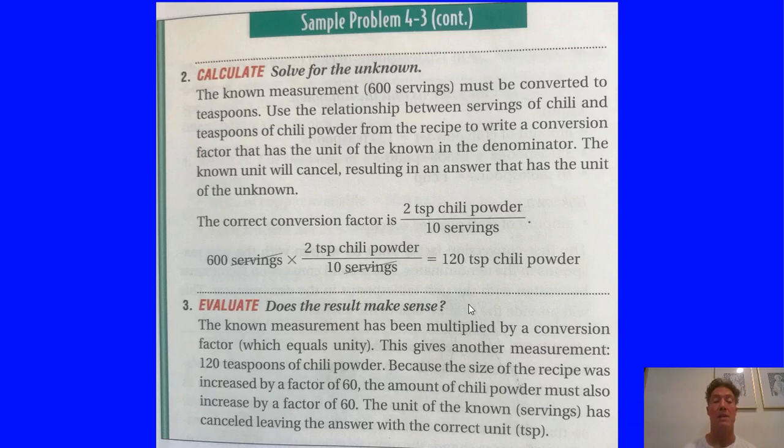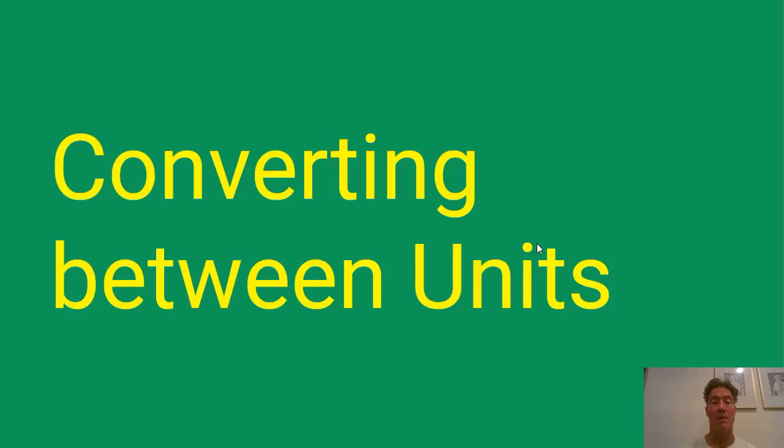Yeah, because we know that 2 teaspoons serves 10 people. 600 people is 60 times as much, so it should be 60 times as much as the amount to serve 10. 60 times 2 is 120. Makes sense. We know that we've kept track of our units correctly. We've canceled out what we started with and didn't want, and we got a new unit in our answer that we did want. So we're very confident that this answer is correct.